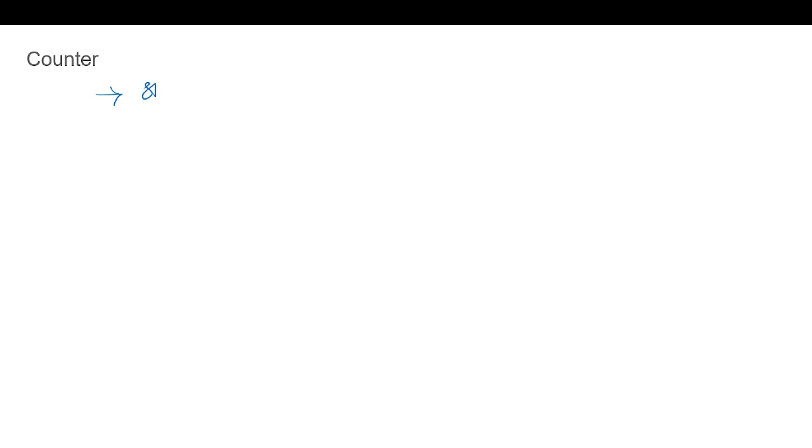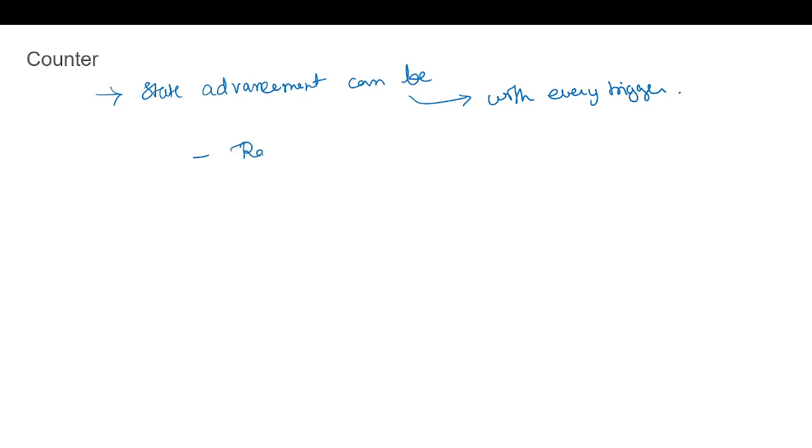The state of the counter will change, or will be advancing, with every trigger from the clock, and this can be random or in sequential order, such as up counter or down counter.